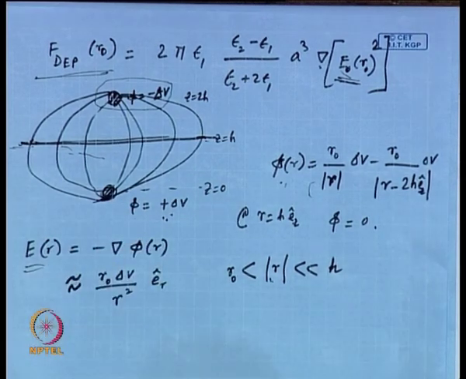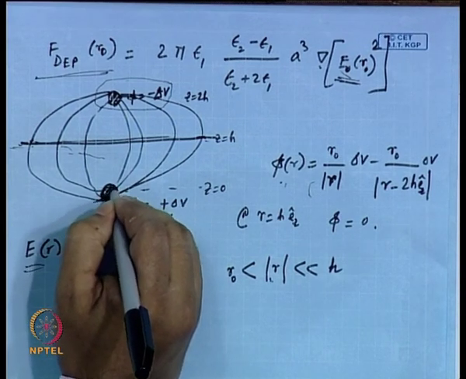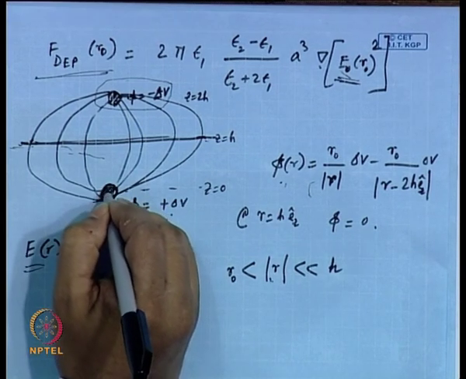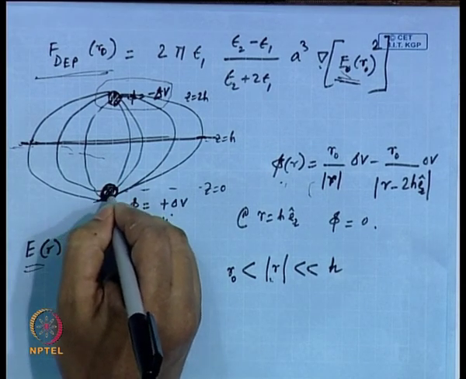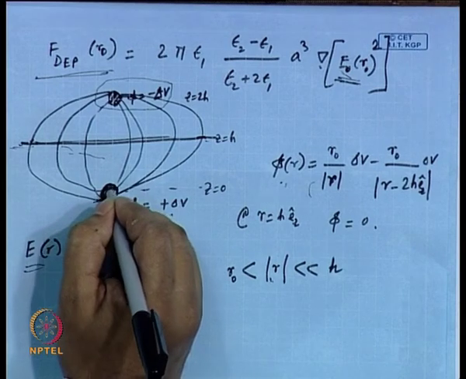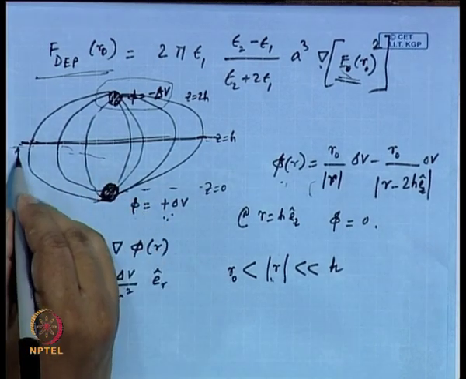What is r0 here? We have a sphere. This sphere has a radius r0, and this dimension is h.